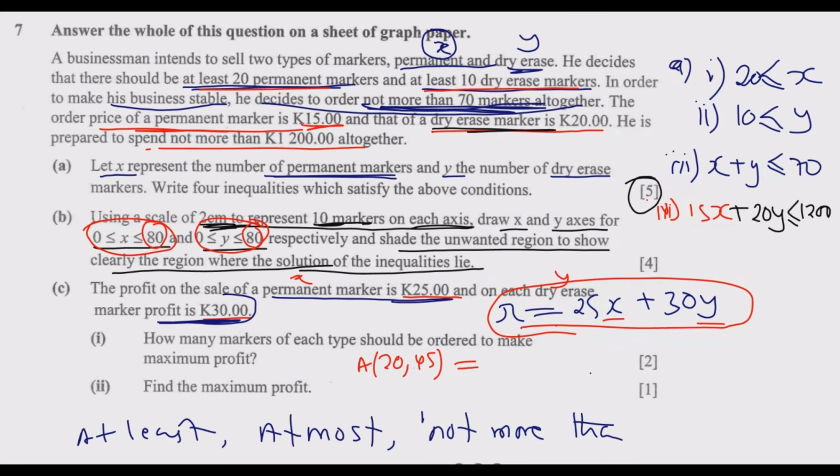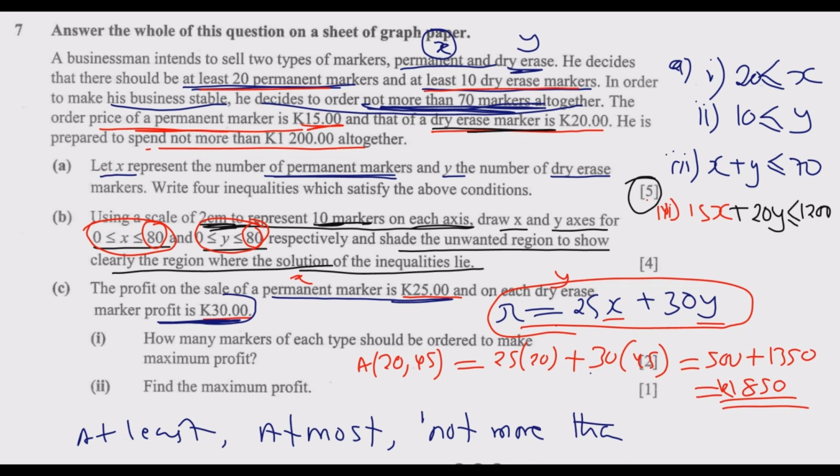The profit would be 25 multiplied by 20, then plus 30 multiplied by 45. 20 times 25 is 500, then plus 30 times 45. Using a calculator, I end up with 1350. When we add these two, we end up with 1850 kwacha as the profit.